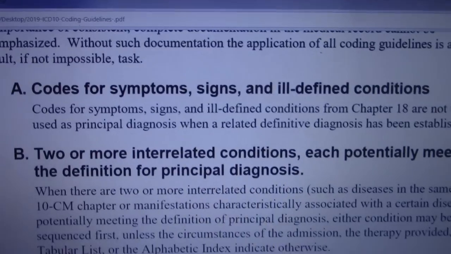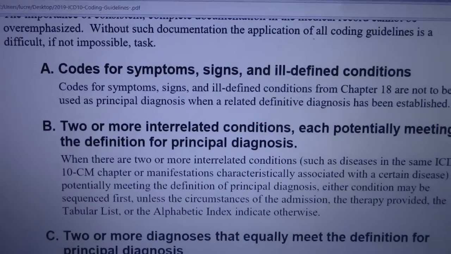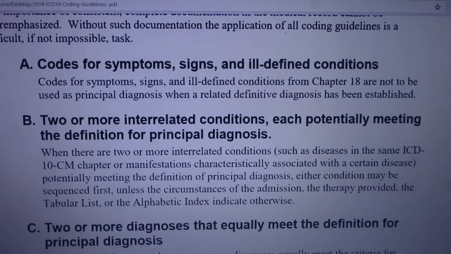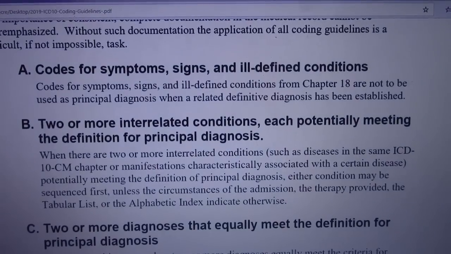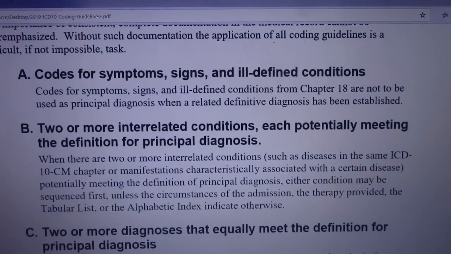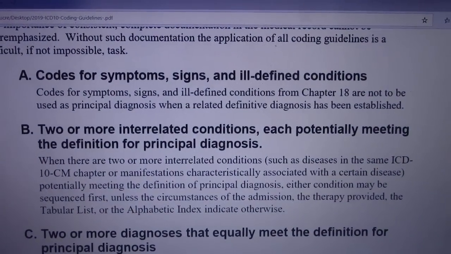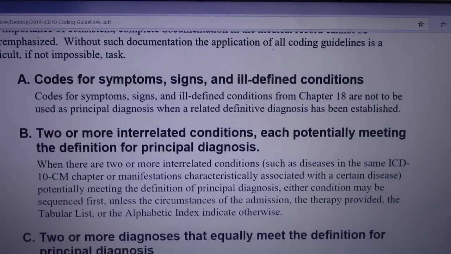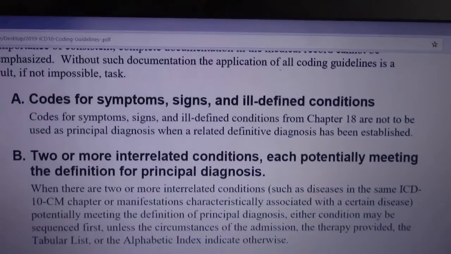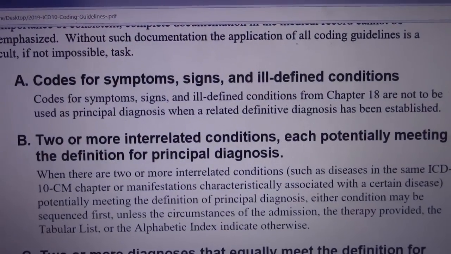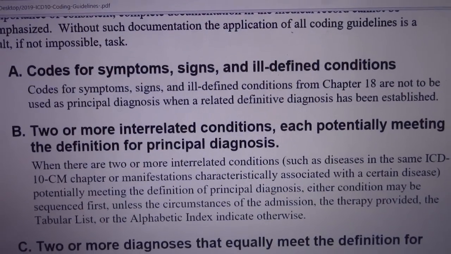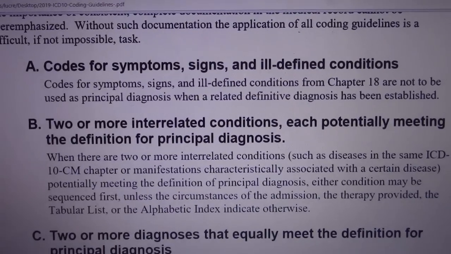It says, A, codes for symptoms, signs, and ill-defined conditions from Chapter 18 are not to be used as a principal diagnosis when a related definitive diagnosis has been established. Guys, if those signs and symptoms lead to a diagnosis, then don't code the signs and symptoms, just code the diagnosis. You've captured it there.